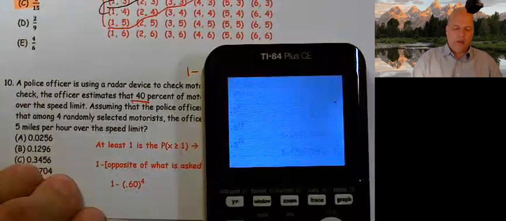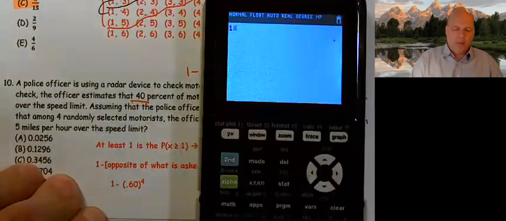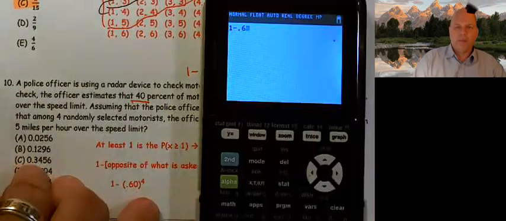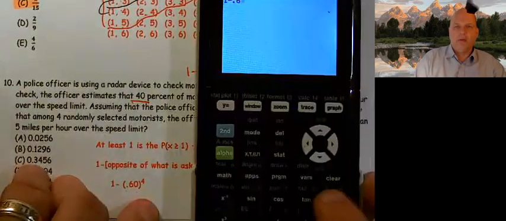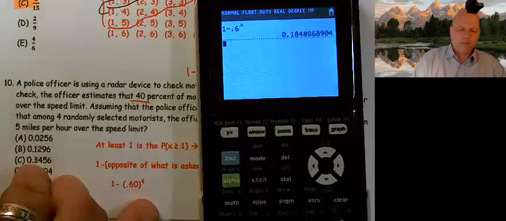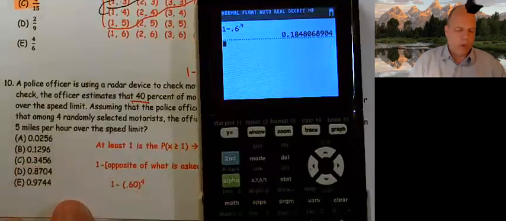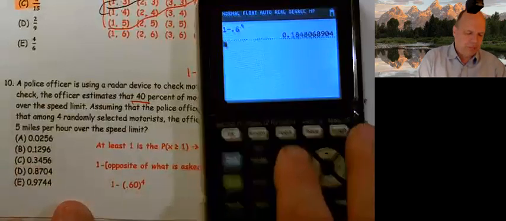On the calculator, 1 minus 0.6. I like to use the caret button right here, or the arrow button, to the 0.4. And I end up getting 0.1848. All right.